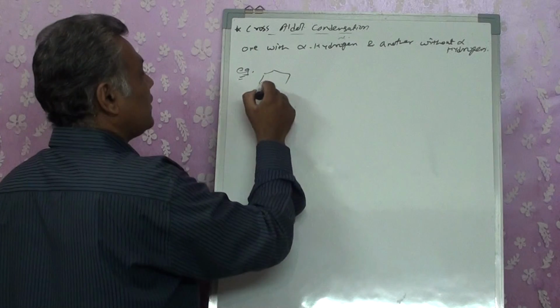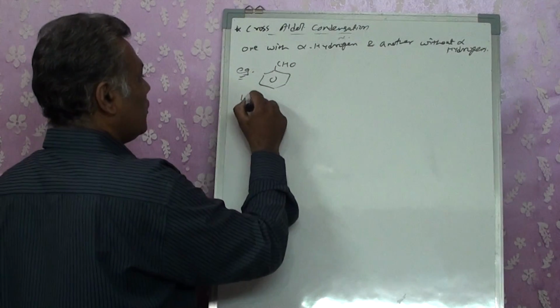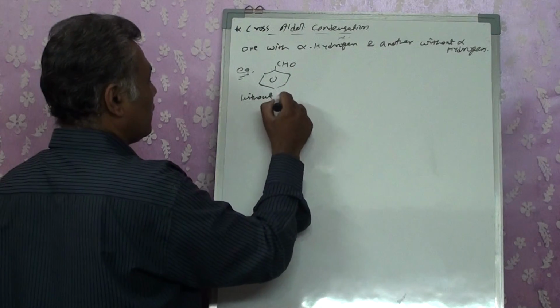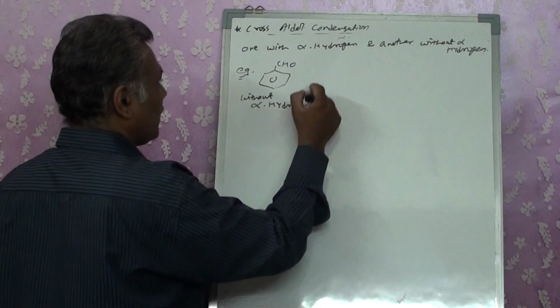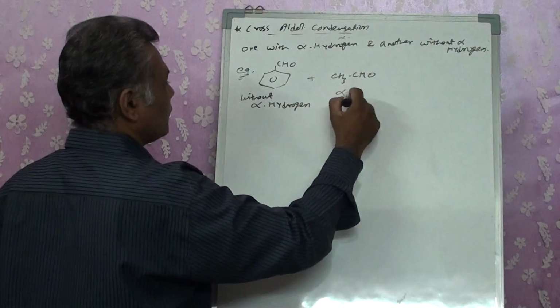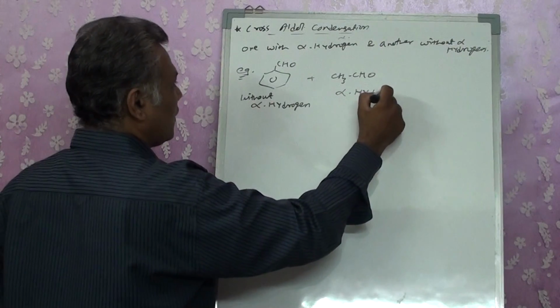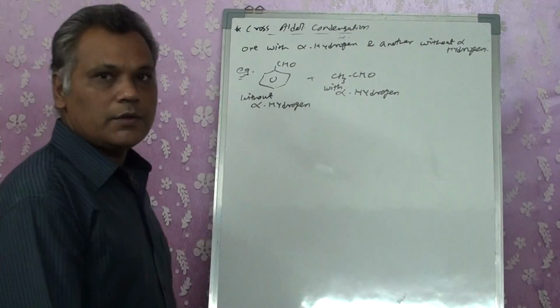If I have one with CHO, without alpha hydrogen, reacting with CH3CHO, with alpha hydrogen, right?